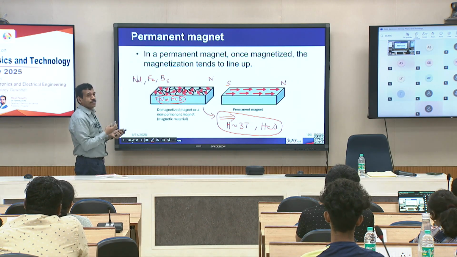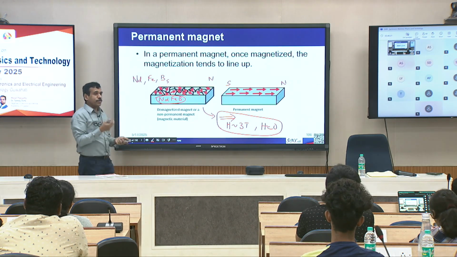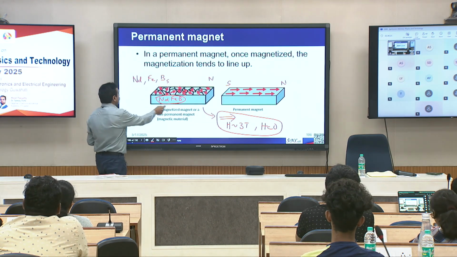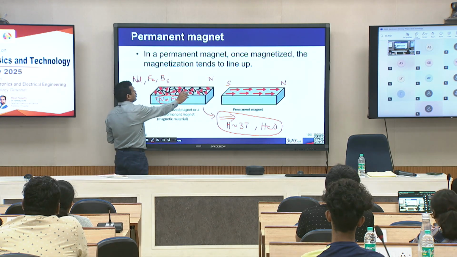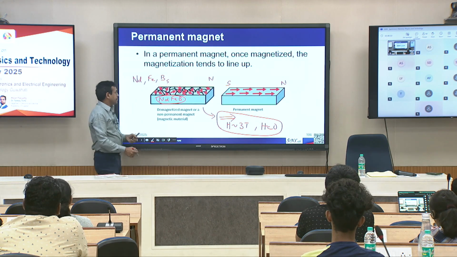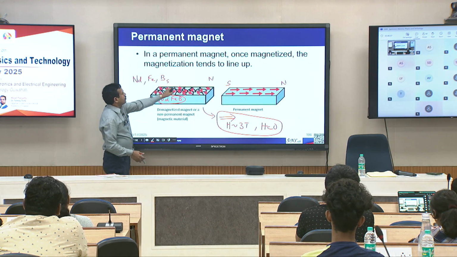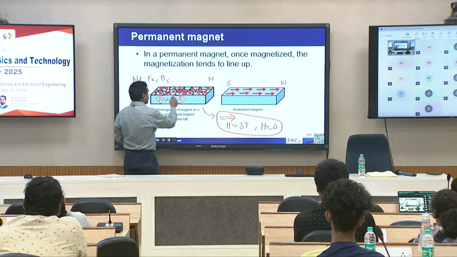So, what happens when you prepare a piece of neodymium iron boron? In this piece you notice that there are tiny regions where the magnetizations are pointing in different directions. Because the magnetization is pointing in different directions, you do not have a north pole or south pole.